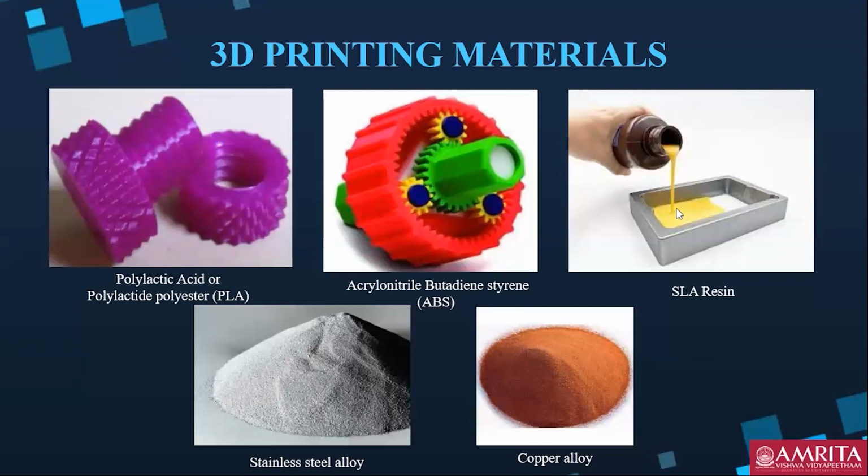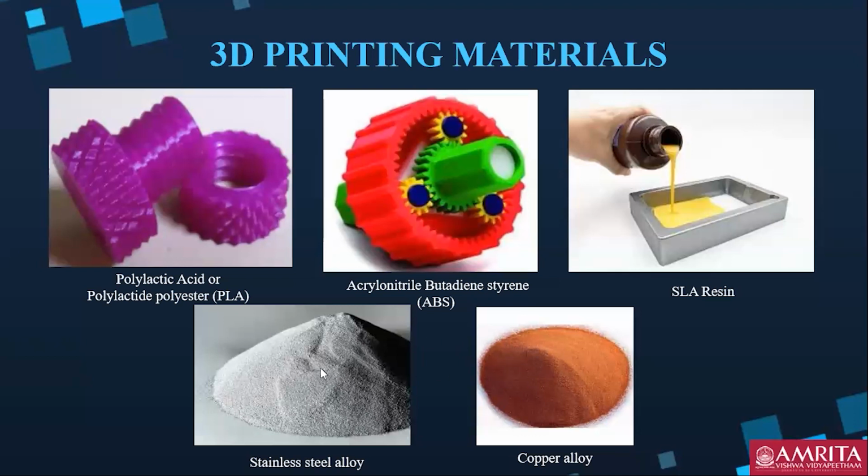Now you see SLA resin. Resins are generally transparent, or sometimes we use a mixed type. It is in some liquid, whitish form. Copper alloy and steel alloy powder you are seeing in front, this is used in the selective laser melting process.